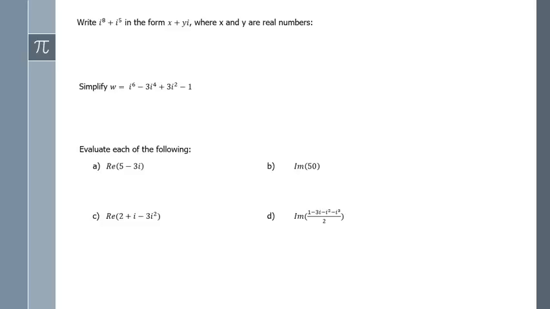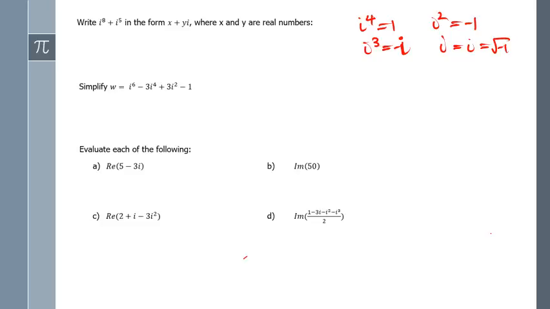Before we learned that i to the power of 4 was 1, i to the power of 3 was negative i, i squared was negative 1, and i was i, which is root negative 1.